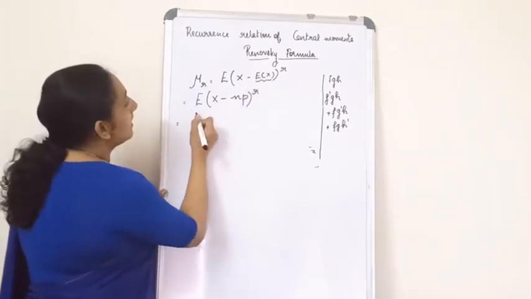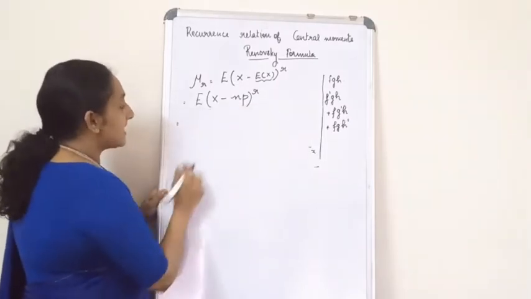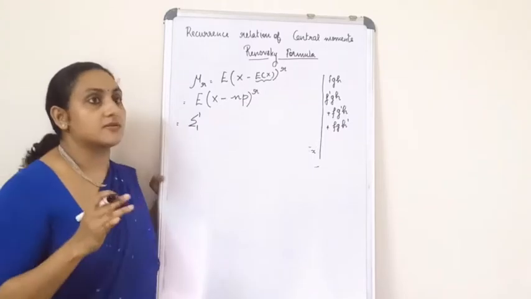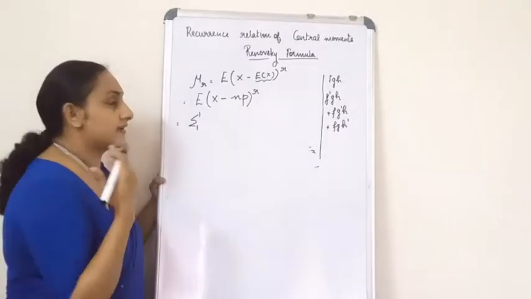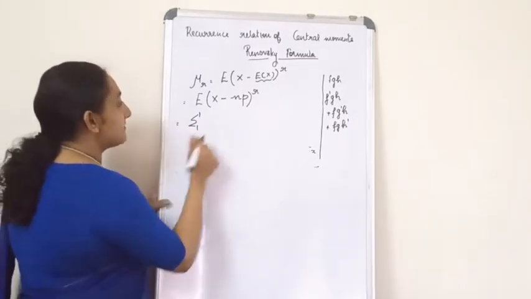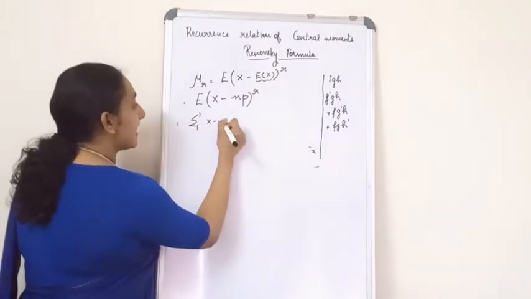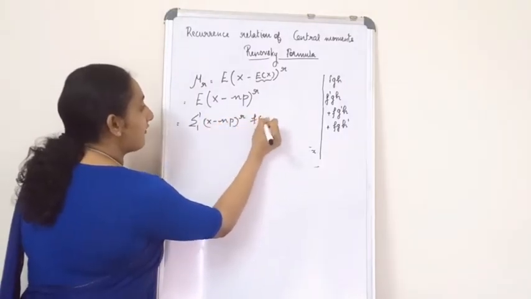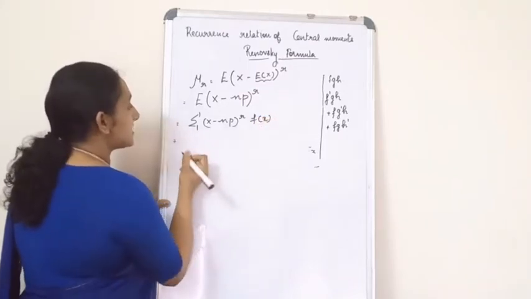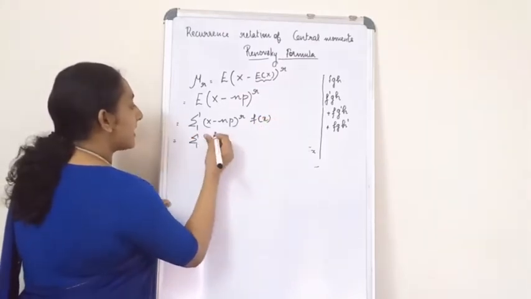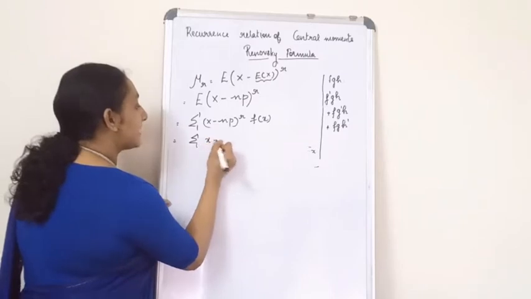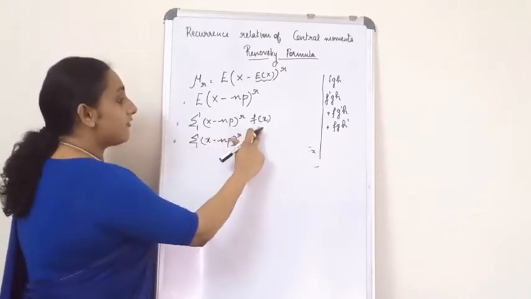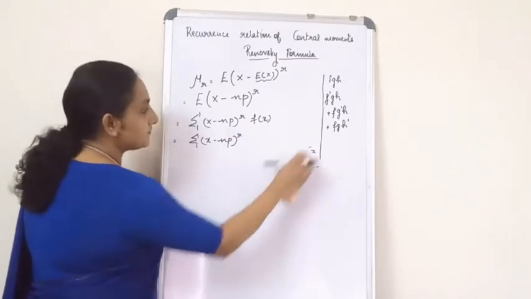Now if I expand this, you have studied the formula for expectation: summation of x minus np, the whole raised to r, into f of x. Here, what is f of x?